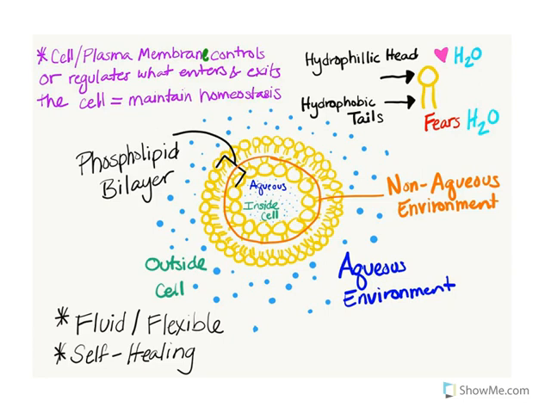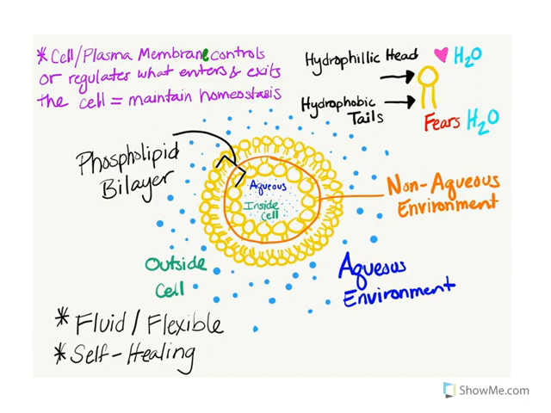The yellow are representing our phospholipids. If you look in the upper right-hand corner, the hydrophilic head loves water, and the hydrophobic tails fear water. So they arrange themselves in a tail-to-tail fashion. So you have your phospholipid bilayer.